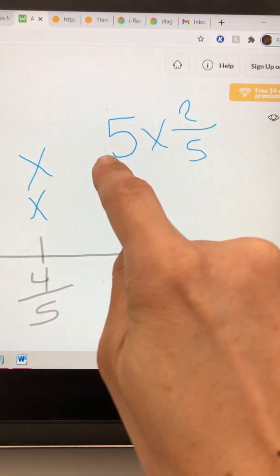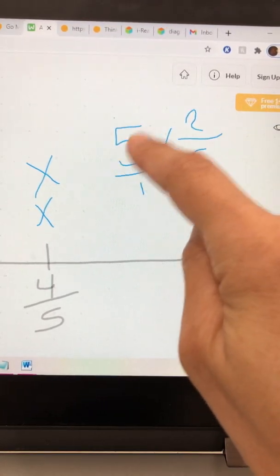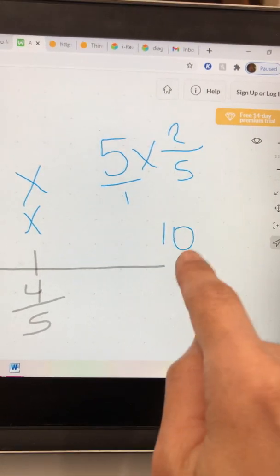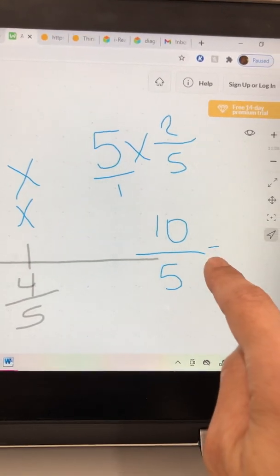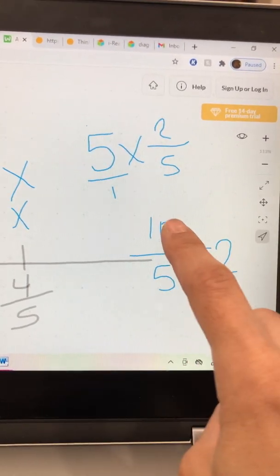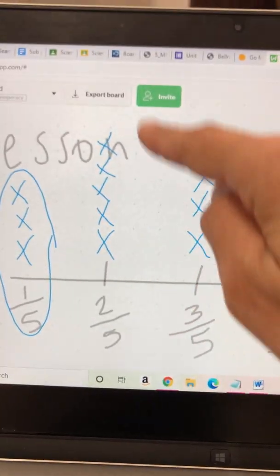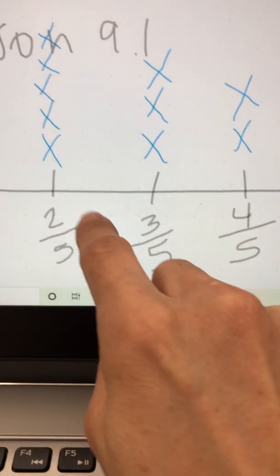You have to put a 1 underneath the whole number and then multiply across. Numerator times numerator would be 10. Denominator times denominator is going to be 5. Now we know it as an improper fraction, you have to fix that, and 10 divided by 5 is going to equal 2. Okay, so all of these put together, this equals 2.